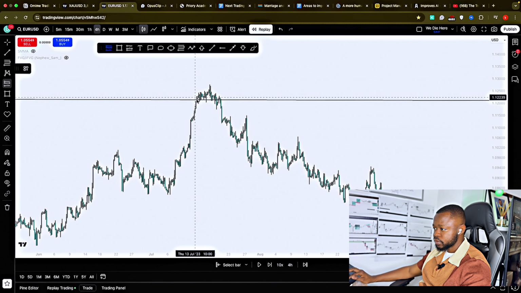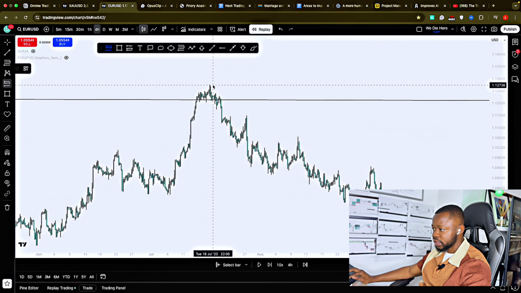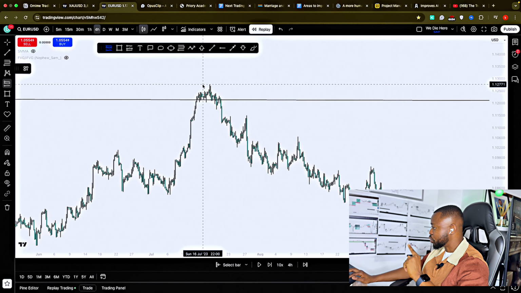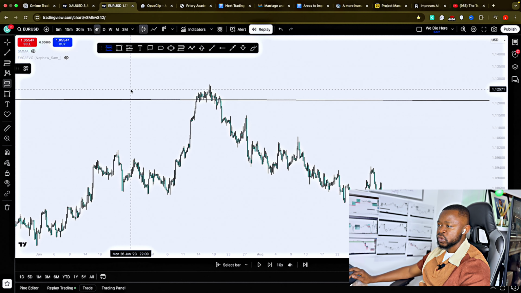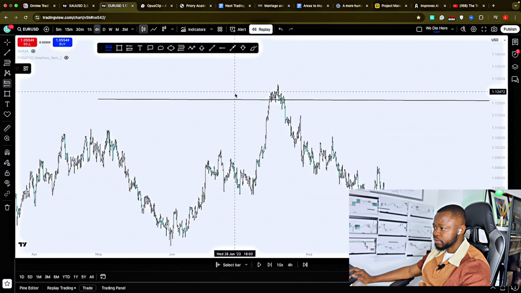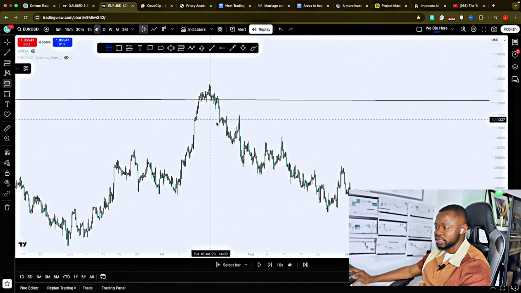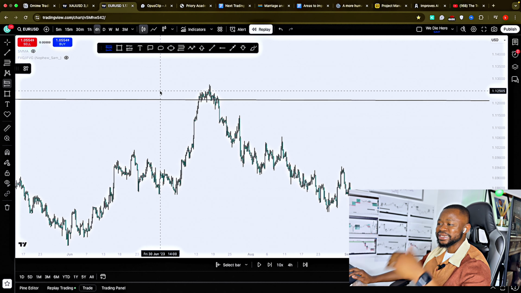Now see, as price got to this place, price broke above it, you can see there's nobody in the world that is interested to buy Euro USD at above 1.2760. Why is that? Because this place is a significant area in the market. There's a resistance zone that is a ceiling.